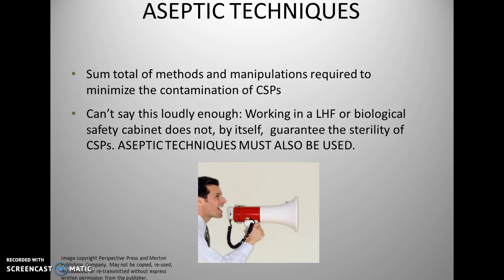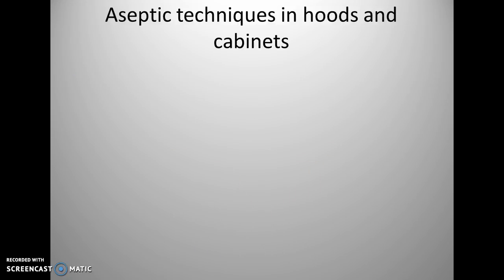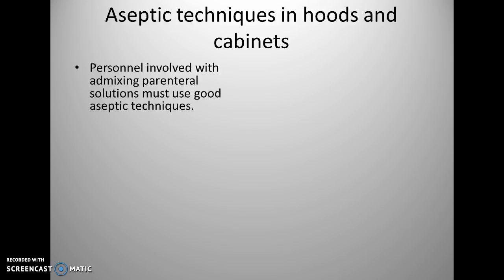But what we need is also aseptic techniques that must be included with work within hoods and cabinets. Okay, so what are some of the aseptic techniques for hoods and cabinets?